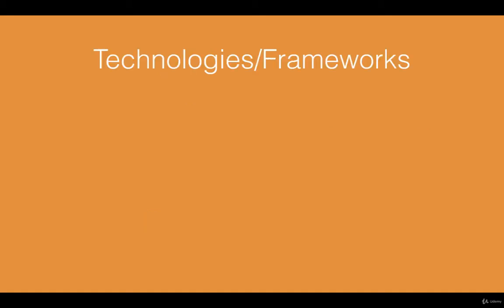Some of the technologies that you might already have heard of include ASP.NET, which is from Microsoft, and it allows you to build web applications that can be run on the server side, and it also allows you to create web APIs that can return JSON or XML and which can be consumed by iOS or Android applications. There's also Node.js, which uses JavaScript, a very popular framework for writing JavaScript on the server.